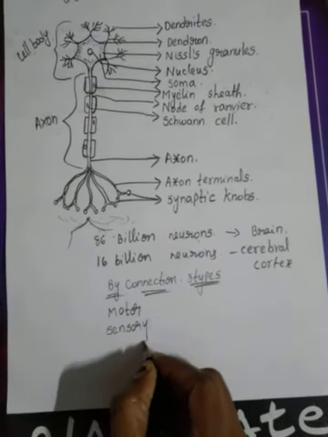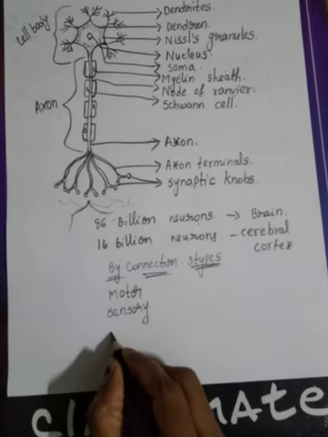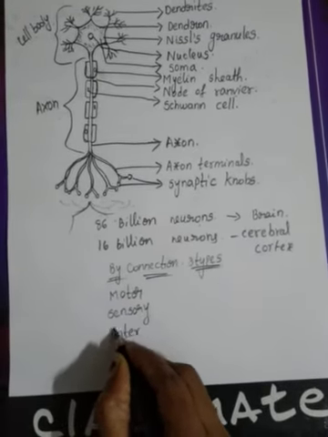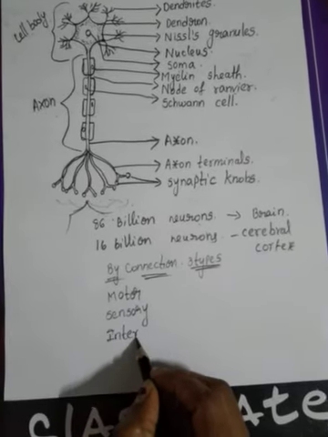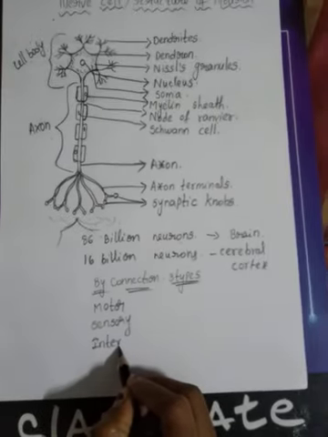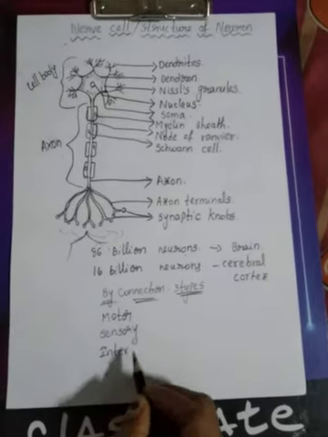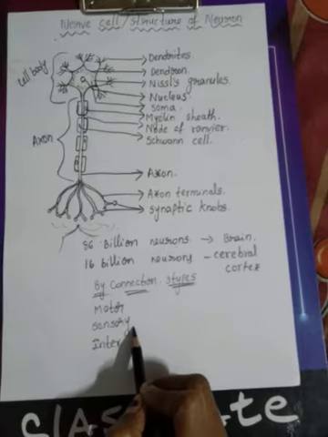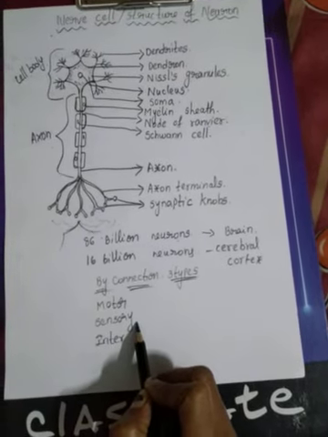Second one is sensory neurons. And third one is interneurons. By the name we can say that interneurons make the connections between motor and sensory neurons and also within the central nervous system.